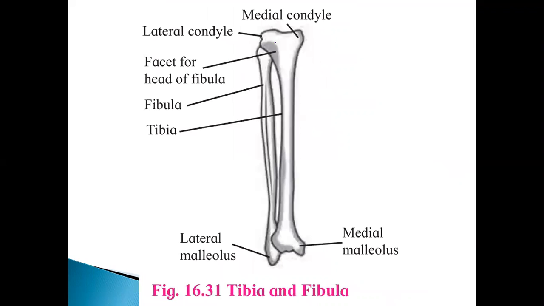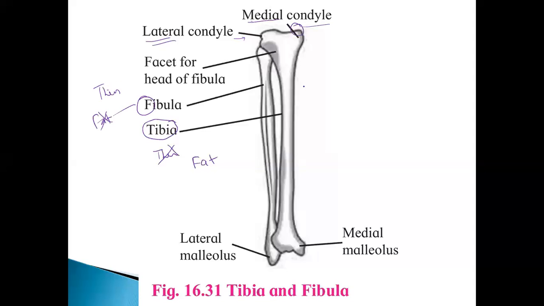Now this is the tibia and fibula. There is a medial condyle, the one that connects to the middle part. There is a lateral condyle on the side. Then remember for tibia, T stands for thin, but it is not thin. It is the fat bone. Fibula, F stands for fat, but it is not fat, it is the thin bone.